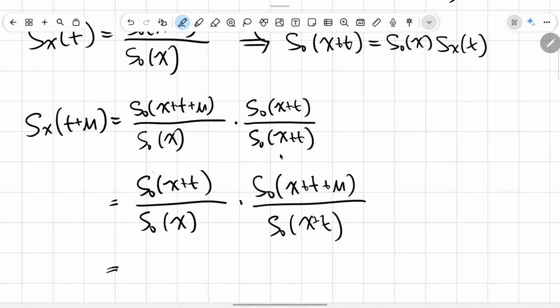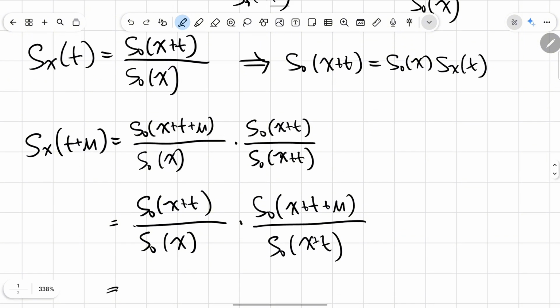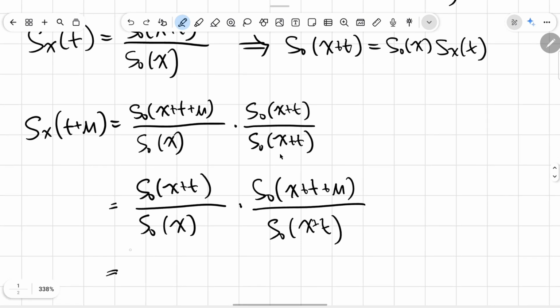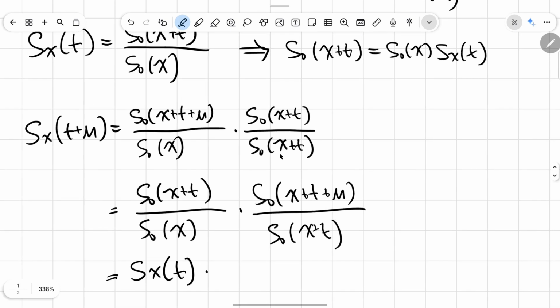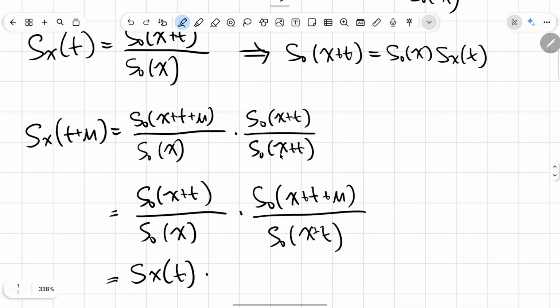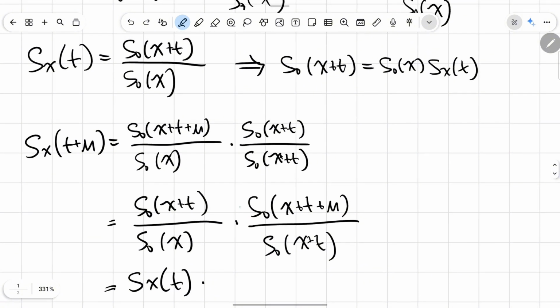The first term is just the same as before, so we can write it as Sx of t, while the next term is the same but with t added, so it will be S x plus t of u.